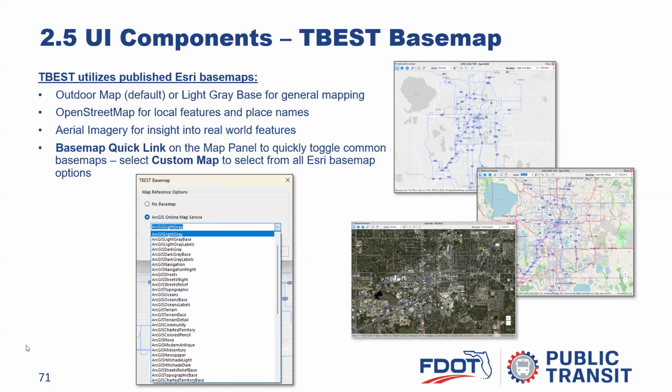In our list here, you have 20 or 30 different base maps that you can just play around with. You can hit the apply button, see if it adds value to your map, and if there's anything in it that you could utilize for either cartographic reasons or network coding or map making. However you want to display your information, you have a lot of options for displaying it in different modes and different ways. So that's a great reference for anyone to develop the map output that they want to have for TBEST.